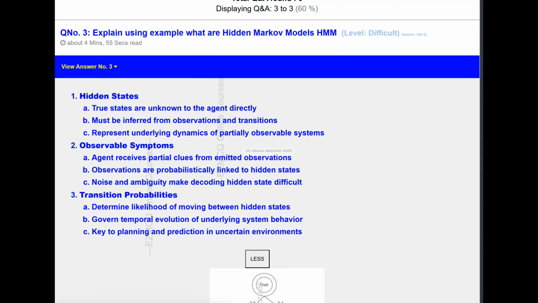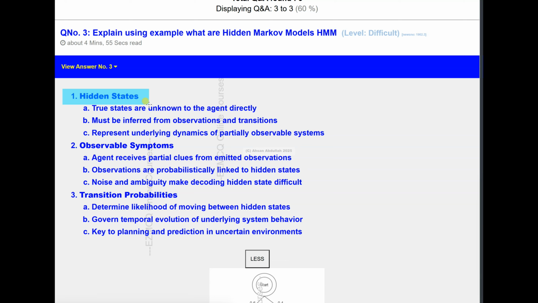So we move on to the hidden states. These represent the unobservable but influential part of the environment's condition, which was healthy and fever. In deep reinforcement learning, these occur frequently in real-world tasks where agents cannot directly access full state information.